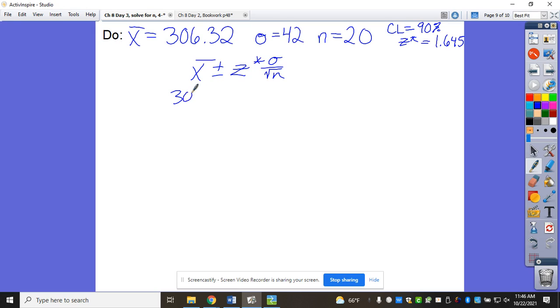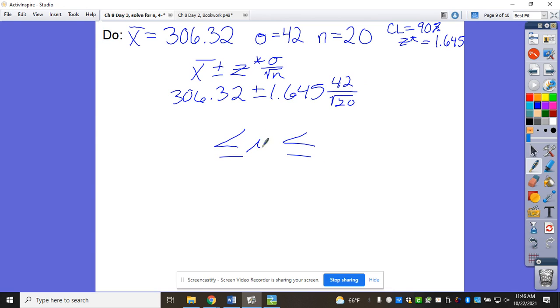So I'm just plugging in my numbers here. What do I put in between? Mu, because that's what I'm trying to estimate. What goes here? What do we get as our lower value? 290.87.